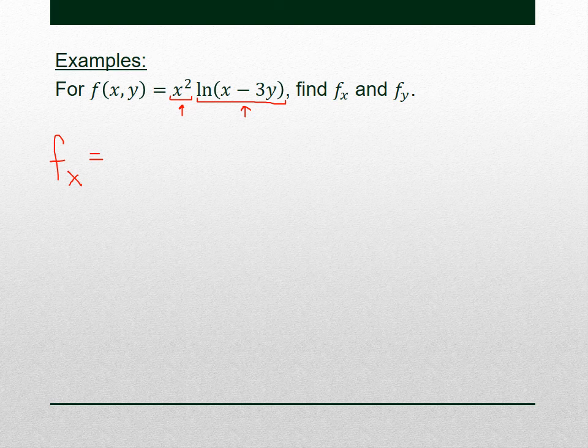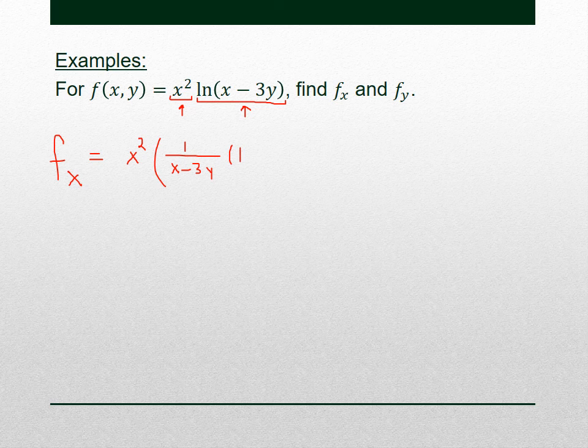Okay, so first guy is x squared. So first times, now we need the derivative of the second guy. Again, we're taking the partial derivative with respect to x. So natural log, you do 1 over and copy it down. And then for chain rule, we want to multiply by the partial derivative of x minus 3y.